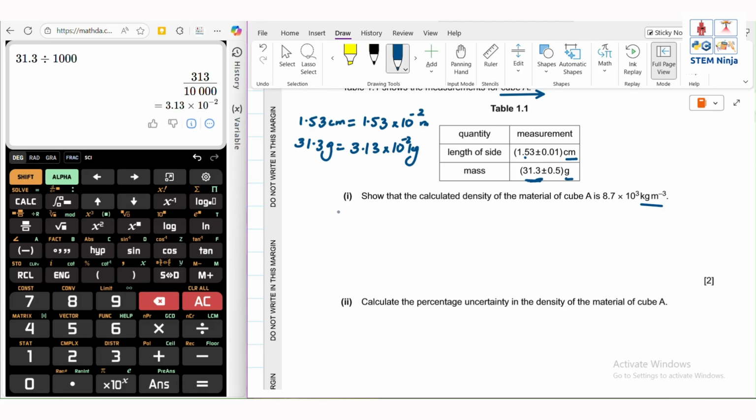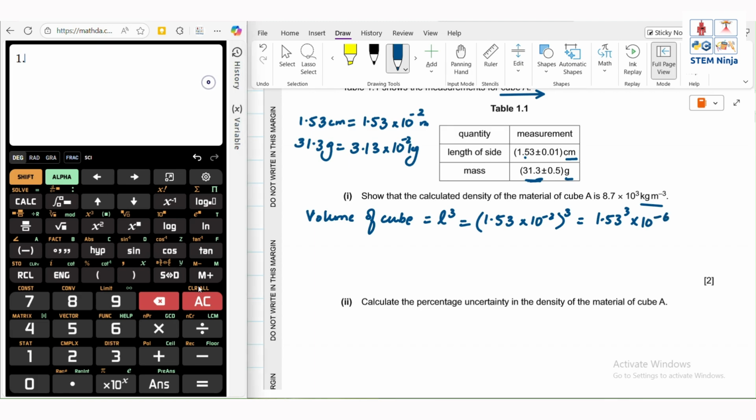All right, if we need to find out the density, we know that the volume of a cube would be length cubed. So basically the length is (1.53 × 10^-2) cubed. So that would be 1.53 cubed × 10^-6.